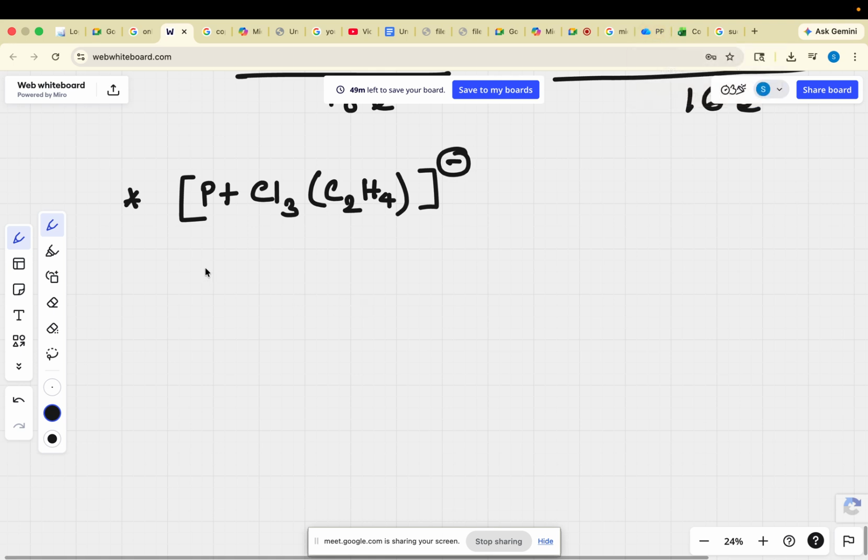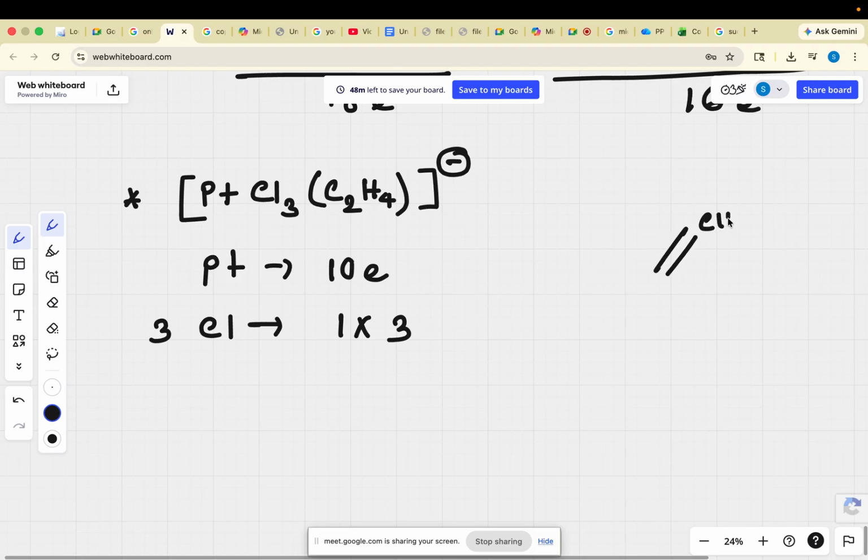So platinum donates how many electrons? Platinum donates 10 electrons. Chlorine donates 1 electron, and you have 3 chlorines, so 1 into 3. C2H4 means you have a double bond, the ethylene molecule CH2=CH2, so it is donating electrons from the pi bond.